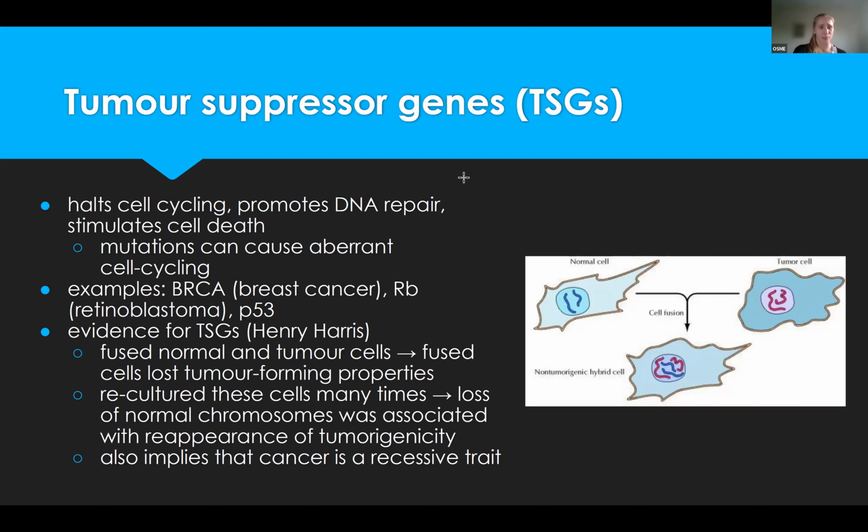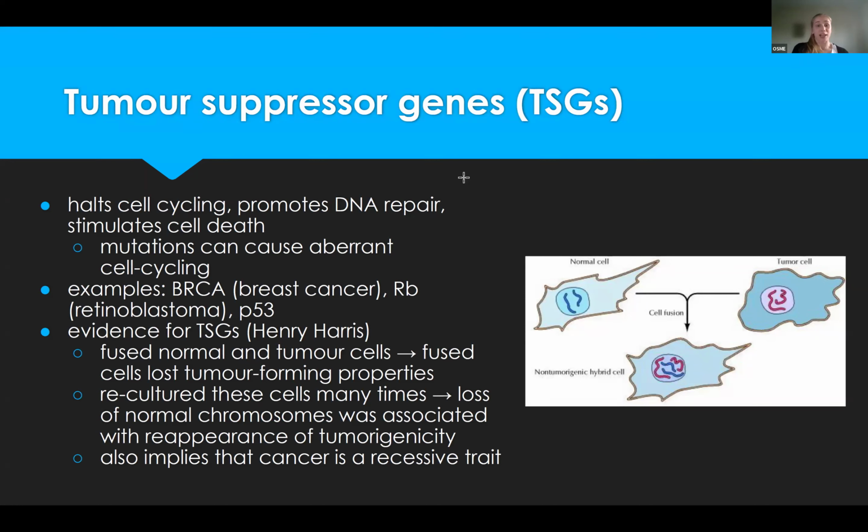And some evidence for the tumor suppressor genes here. So it was shown that when tumor cells and normal cells are fused, the fused cells lose the tumor-forming properties, and that's because of the protection with the tumor suppressor genes.